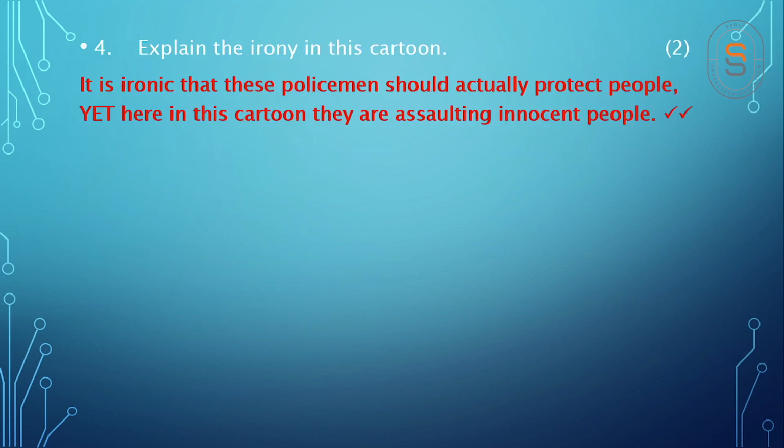And then explain the irony in this cartoon. It is ironic that the policeman should actually protect these people, yet here in this cartoon, they are assaulting innocent people. Remember, give detailed answers in your own words at all times.